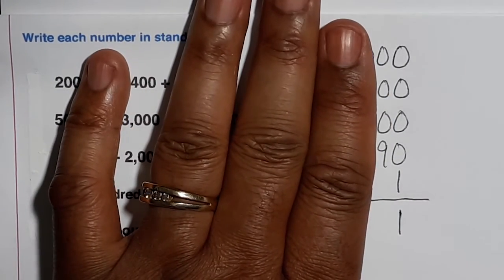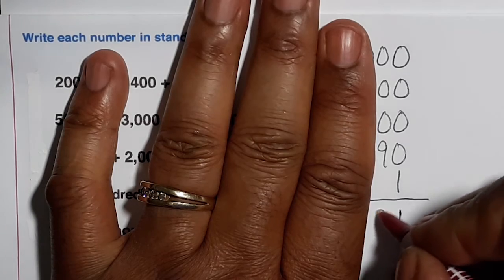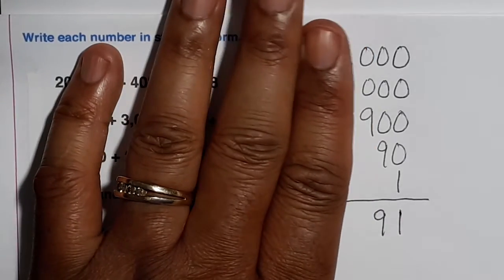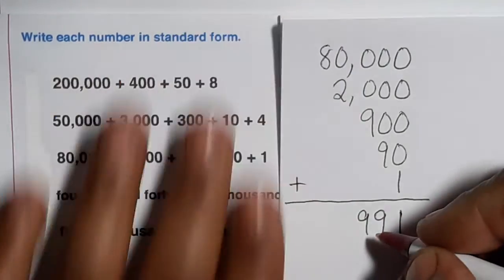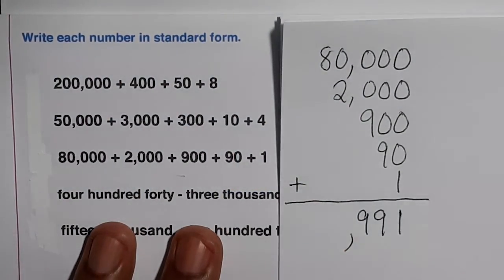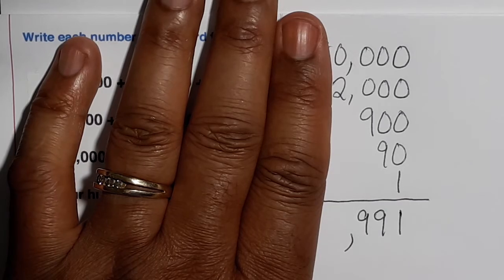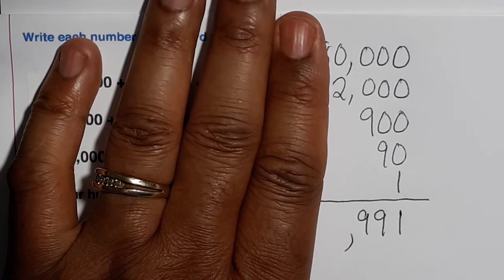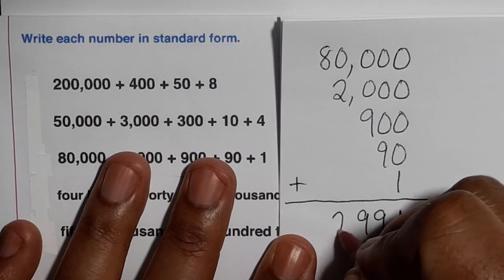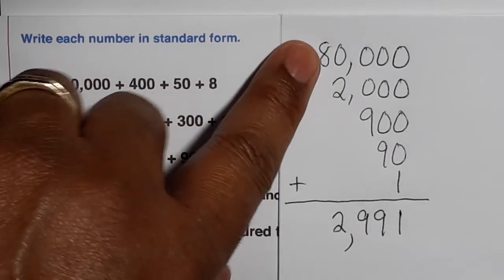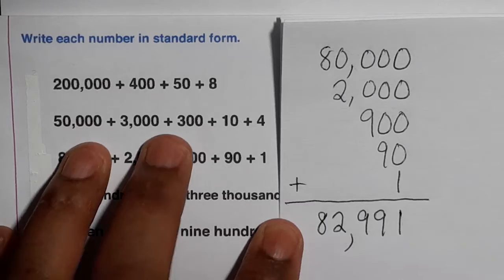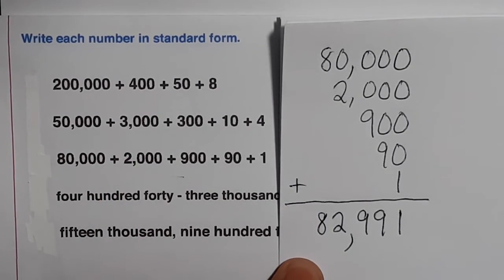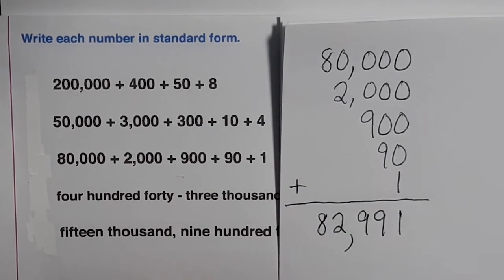In the tens position, we have 9. In the hundreds position, we have 9. Then I can bring my comma down. In the thousands place, we have 2. And in the 10,000s place, we only have the 8. So bring the 8 down. Your final answer would be 82,991.